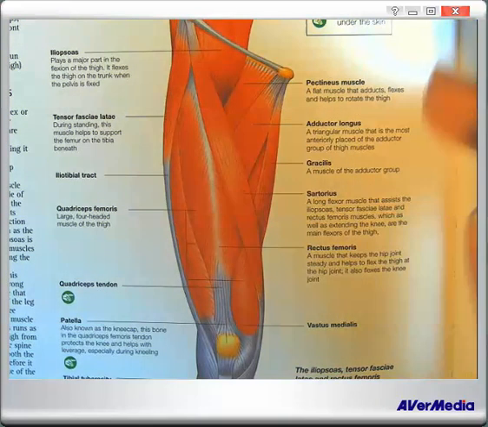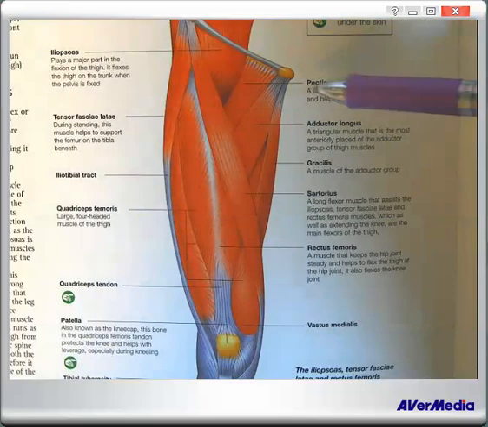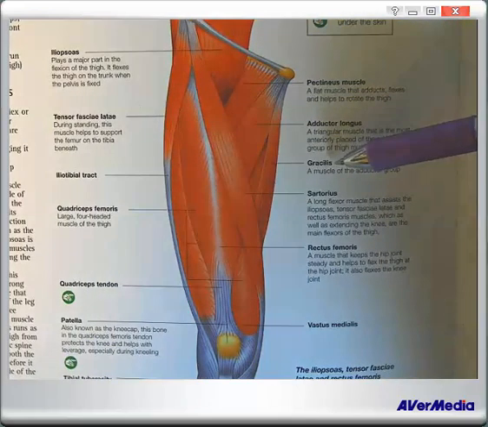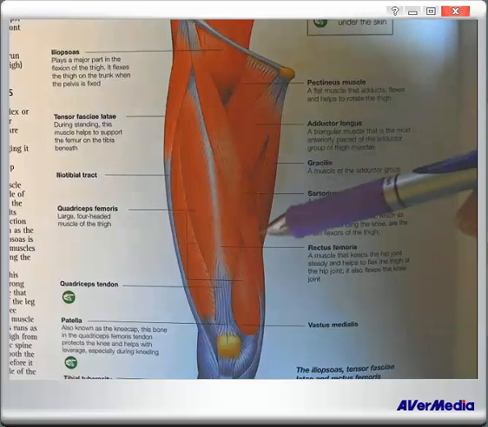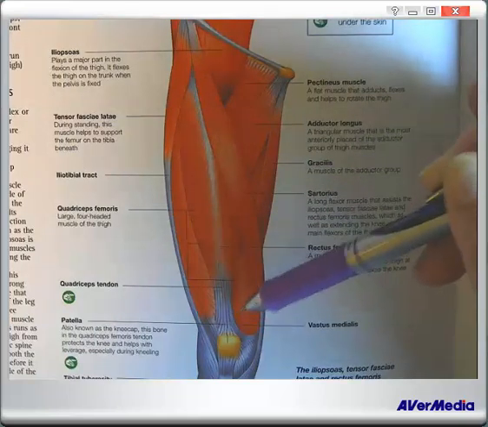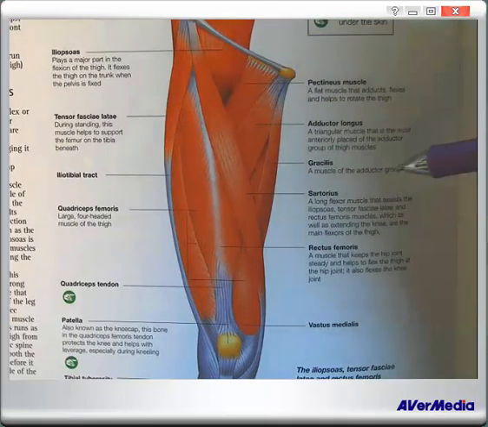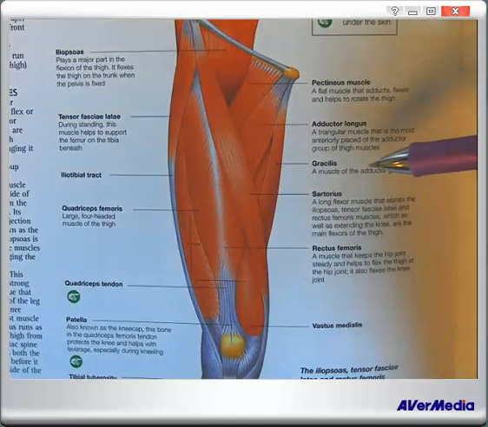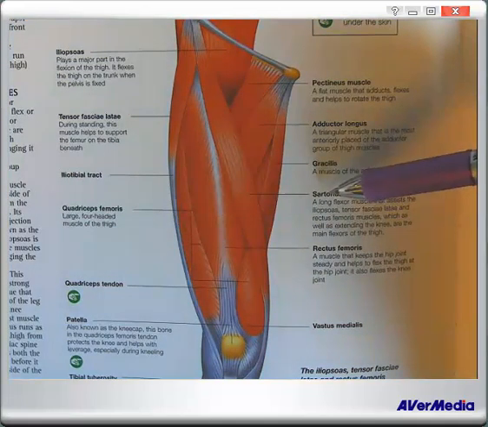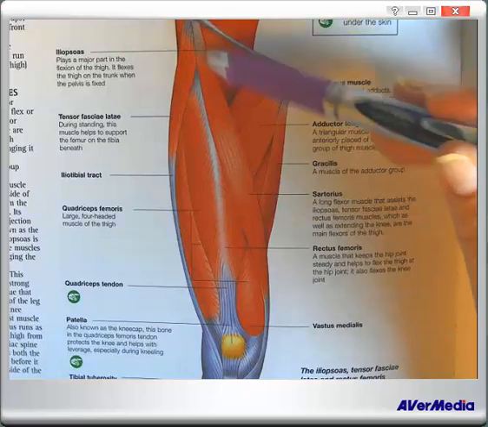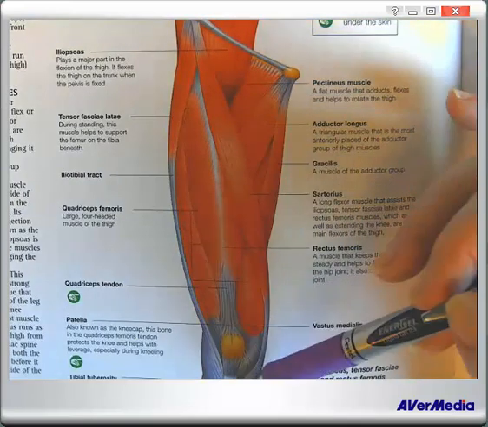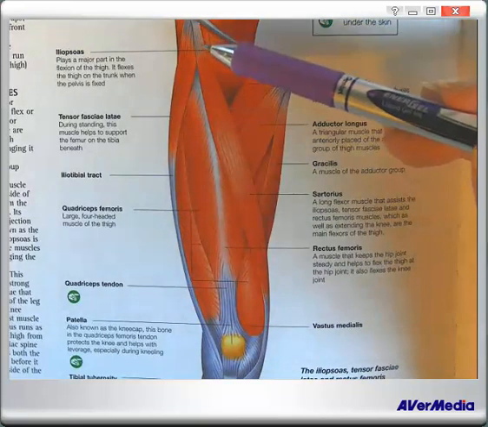And here we actually have the gracilis. It's this muscle here that's coming down. It's an adductor group muscle. And then we have the sartorius, which is here, and it's a very long muscle. It comes all the way down and wraps around the knee. It's a flexor muscle, okay?